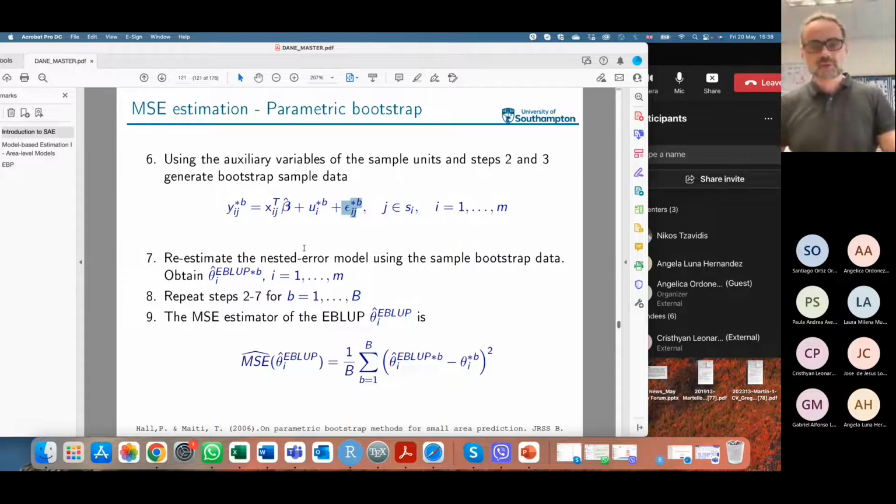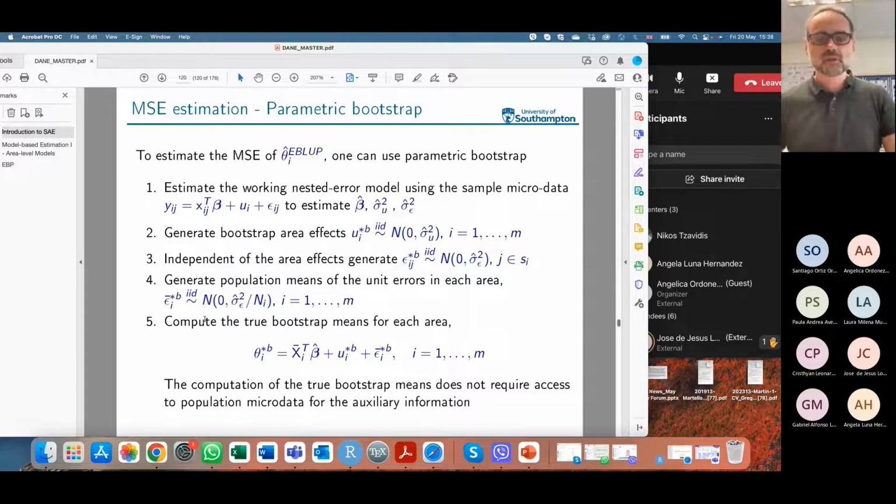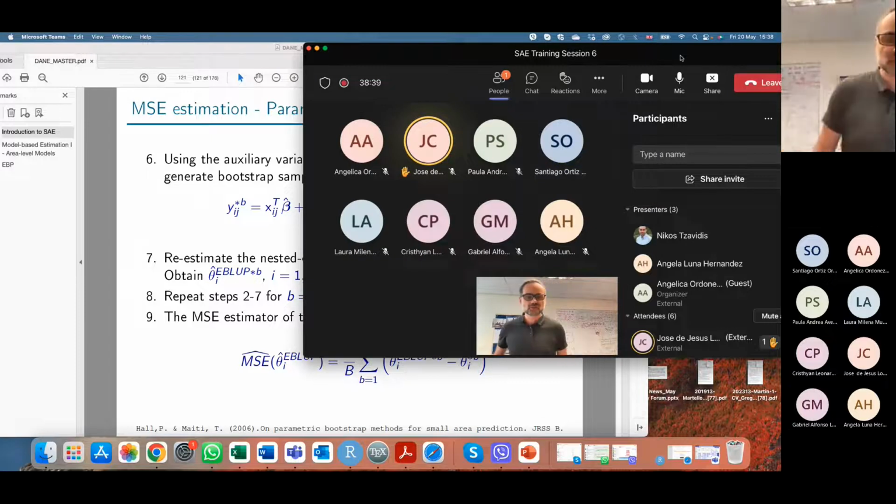The only difference between step 5 and step 6 is that here you use the sample data, because here you're generating a realization of your sample, whereas in step 5, you use the population data. But other than that, everything remains the same. Okay, thank you. Jose, you have a question.